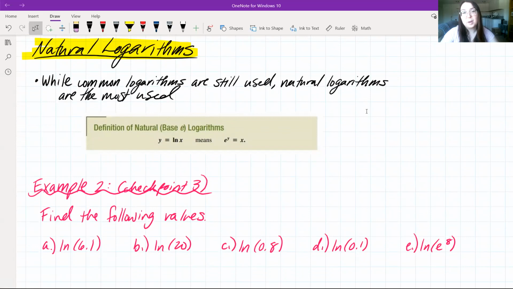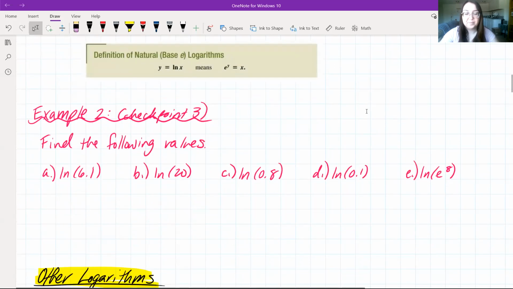It is a numeric value, but it is an irrational number. So we have logarithm base e, which we will signify as ln. So we'll say y is equal to ln of x, which means that e to the y power is equal to x. So it's the same general idea that we just went over, and now instead of the base being 10, we now have a base e, and it's written a little differently.